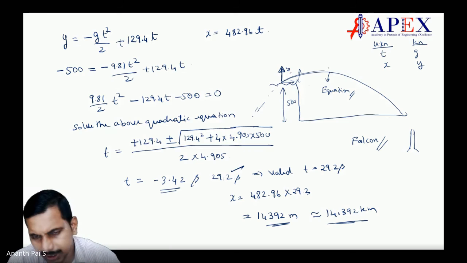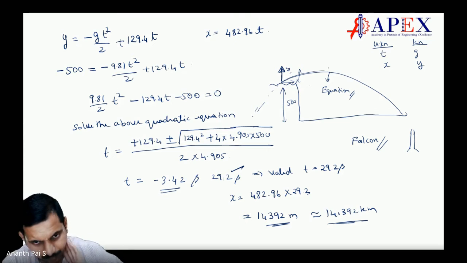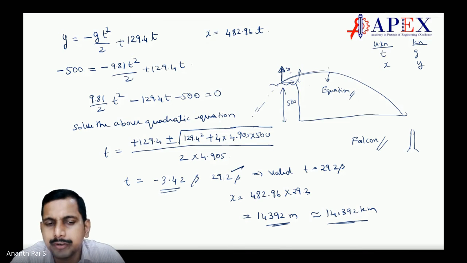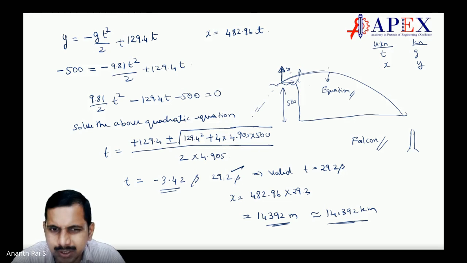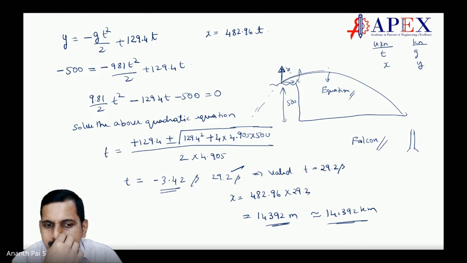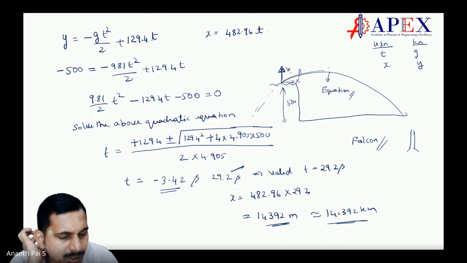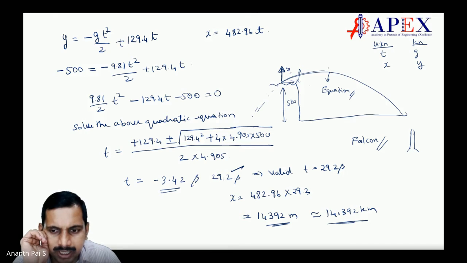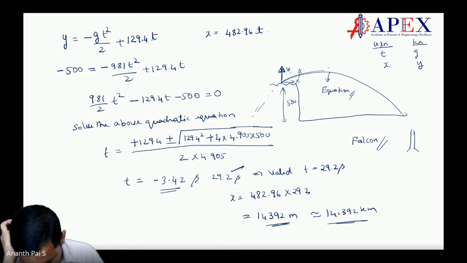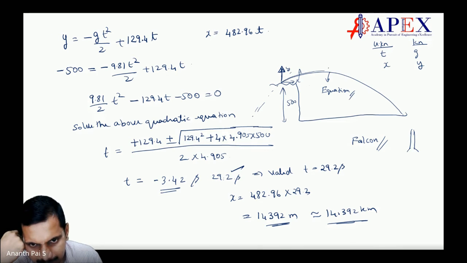Check it out again. See how many decimal places you have taken, because there is a square root and decimals, it may happen. That makes a variation. I've taken 3, sir. Fine then, that should be okay.